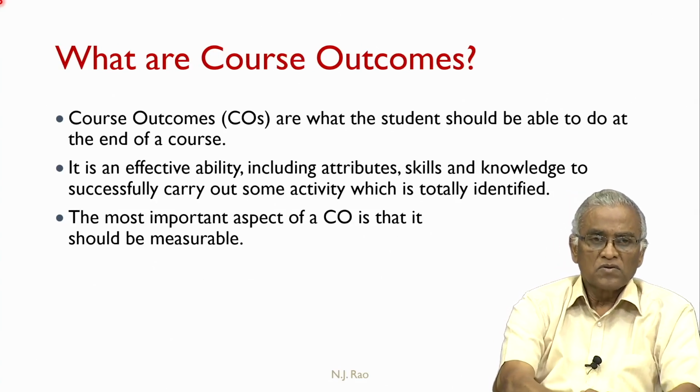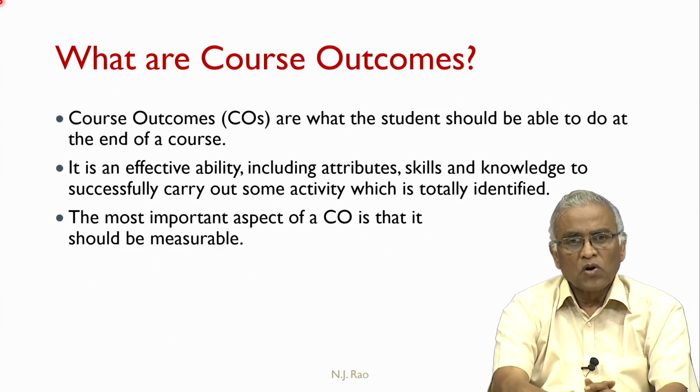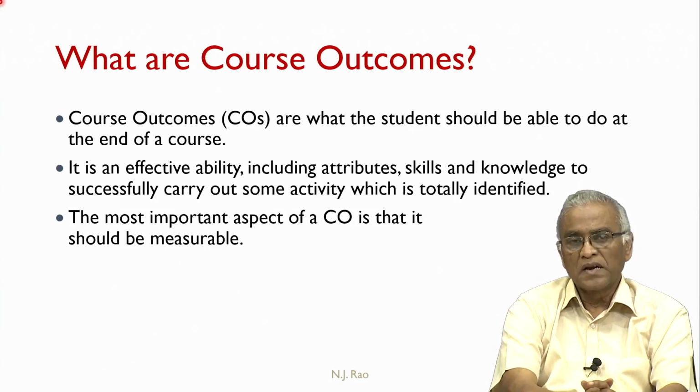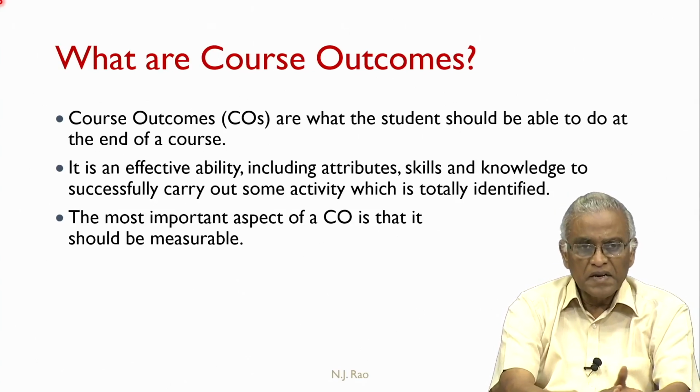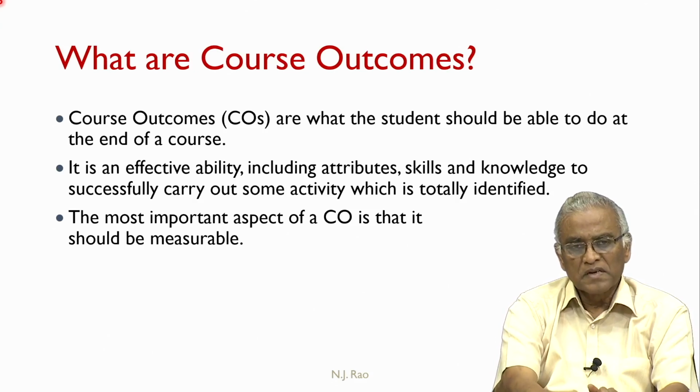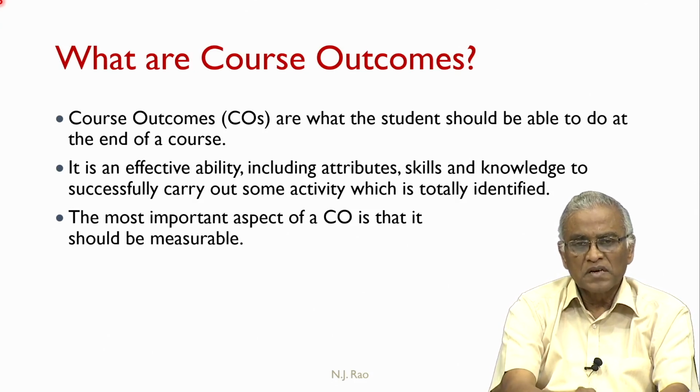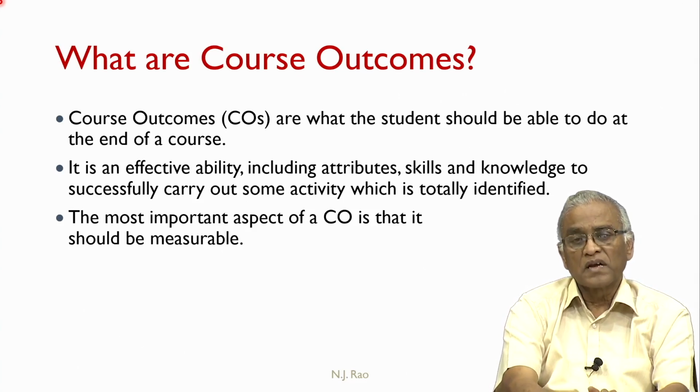Now, what are course outcomes? Course outcomes are what the student should be able to do at the end of a course. In other words, it is an effective ability including attributes, skills and knowledge. That means a course outcome can address all three domains, cognitive, affective and psychomotor, to successfully carry out some activity which is clearly identified.